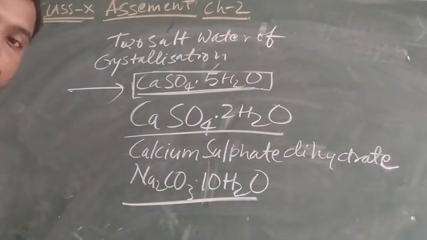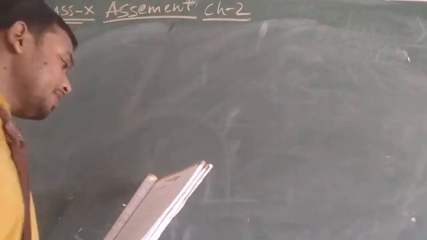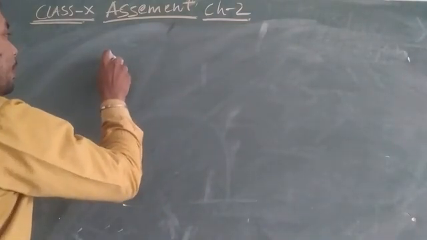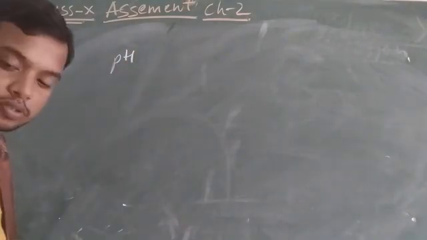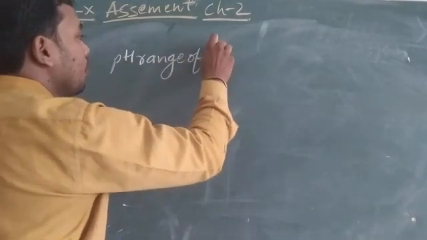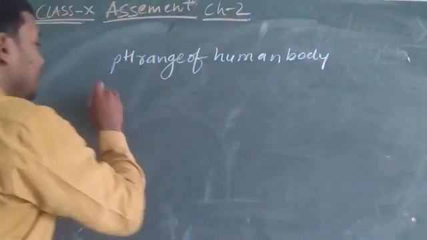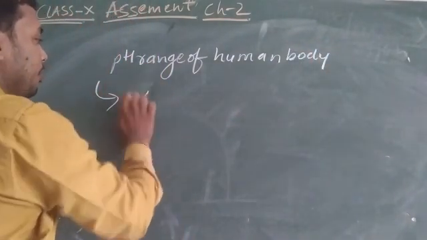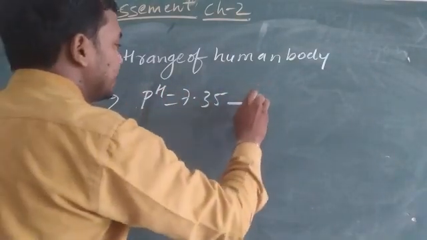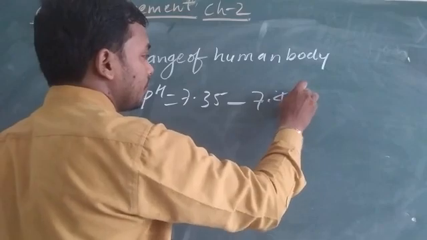Next, what is the pH range in which our body normally works? The pH range of the human body is 7.35 to 7.48.